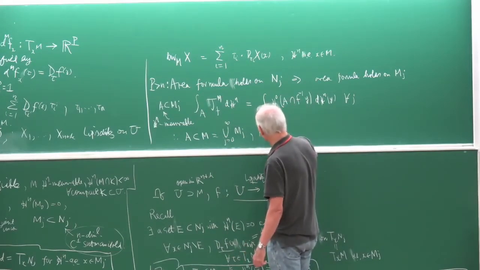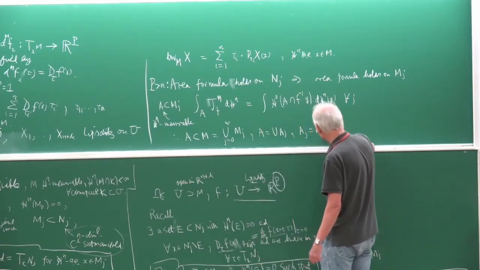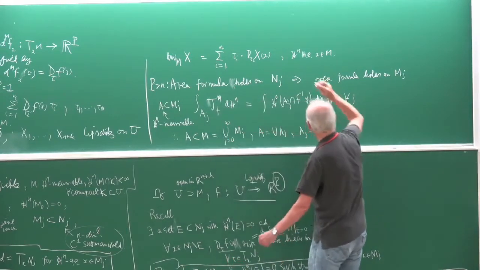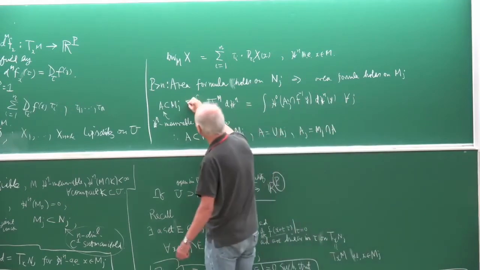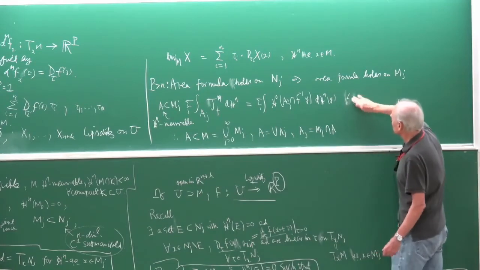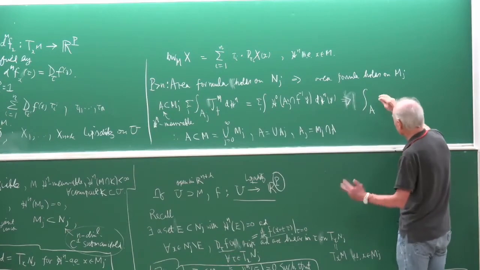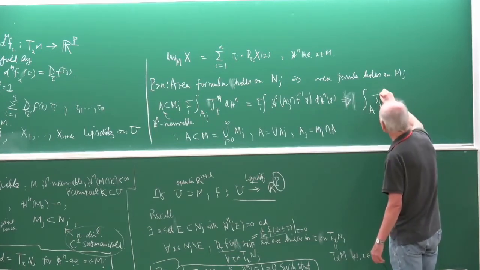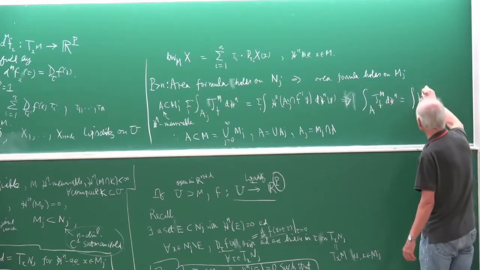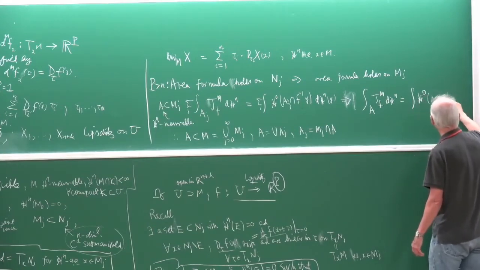So you can write A as the disjoint union of A_j, where A_j is equal to M_j intersect A, and simply apply this to each j, and then sum, using the disjointness of the union. That gives you the area formula on M now: the integral of J_M f dH^n equals the integral of H^0(A intersect f^-1(y)) dH^n(y).